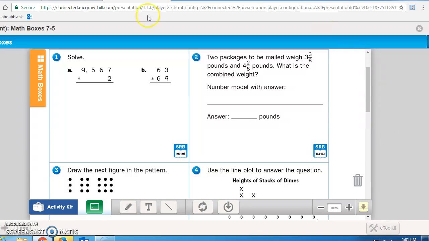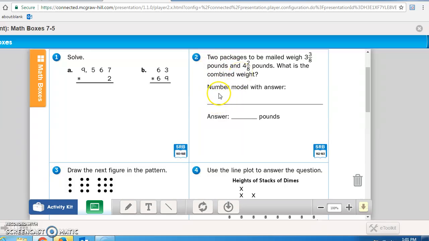Math box 1 asks you to solve 2 multiplication problems. Use any method. Math box 2 says 2 packages to be mailed weigh 3 and 3/8 pounds and 4 and 2/8 pounds. What is the combined weight? Combined means you're adding it together.